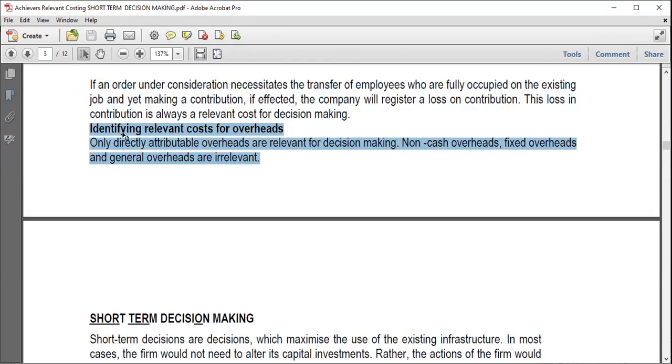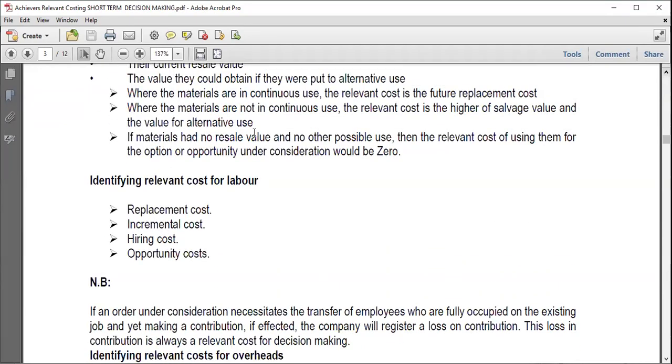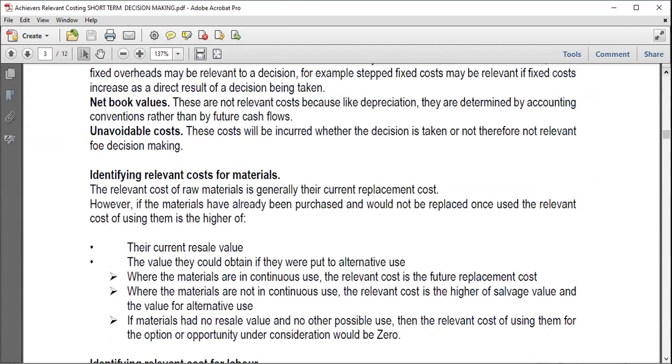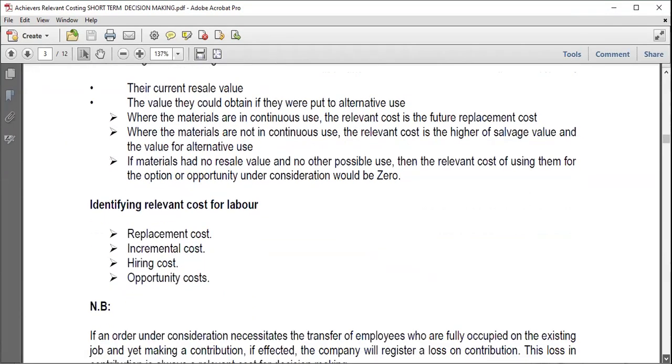And then we have what we regard as identifying relevant costs for overheads. Now, for overheads, we say that only directly attributable overheads are relevant. Remember, the ones we've looked at, labor and materials, are basically direct costs, variable costs.